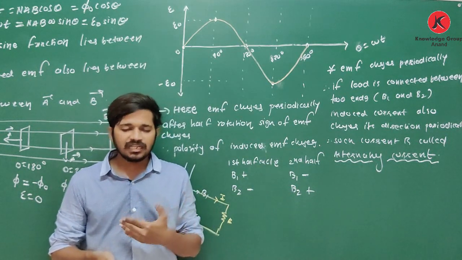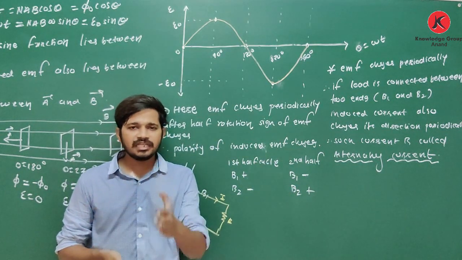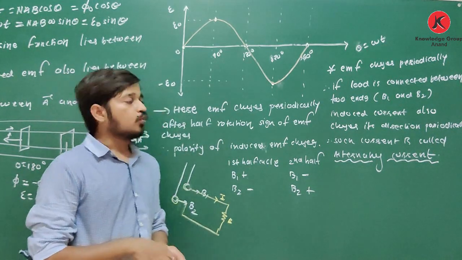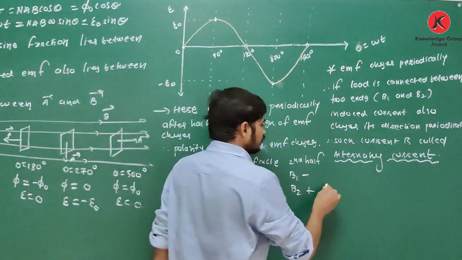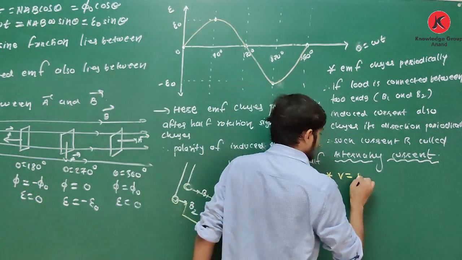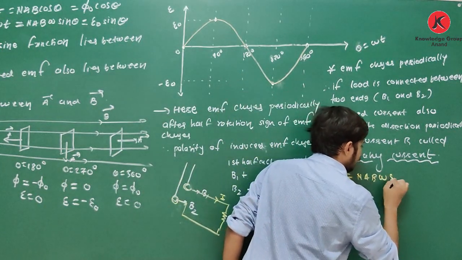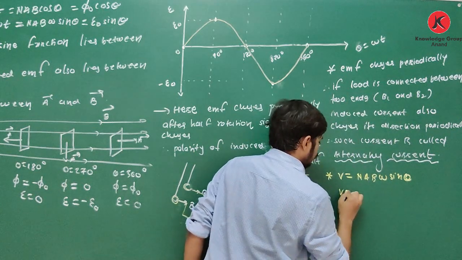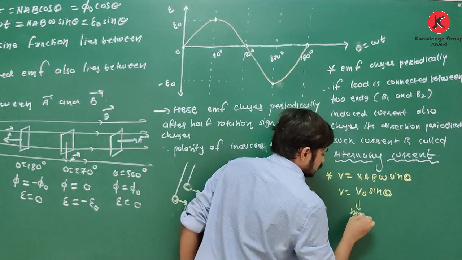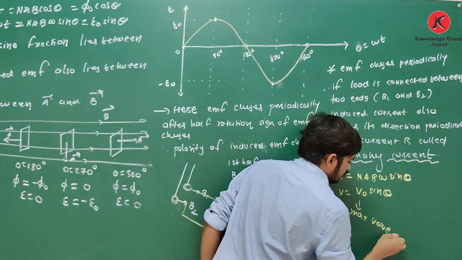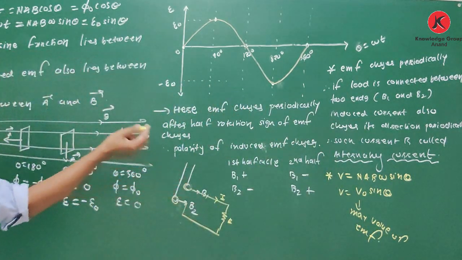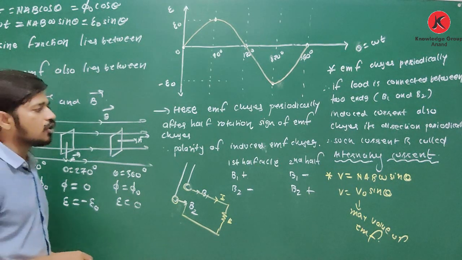In this type of generator, the EMF induced is called AC voltage. In the next chapter we will write this equation as V equal to NABω sine theta equal to V0 sine theta. Then what is V0? It is the maximum value of EMF. What is E0 here? Yes, E0 is the maximum value of EMF.